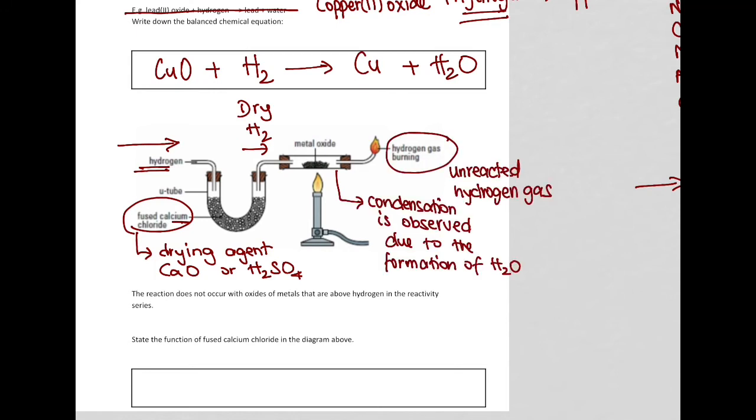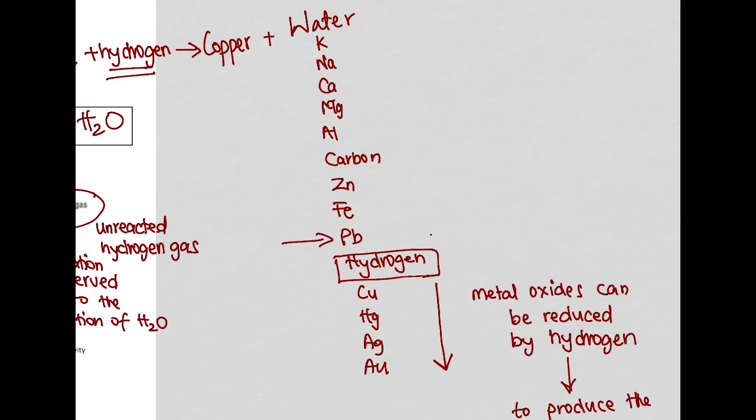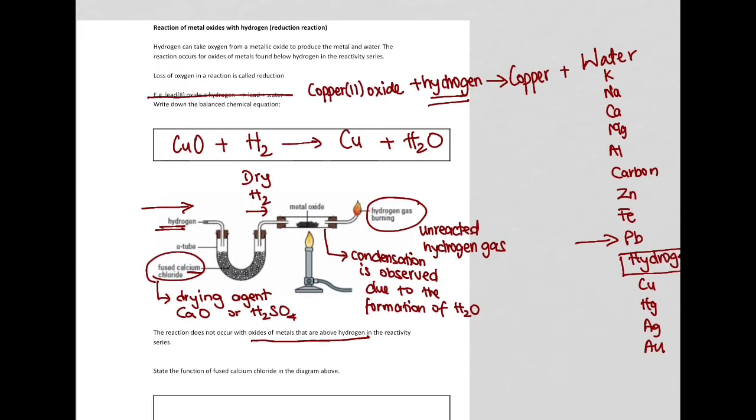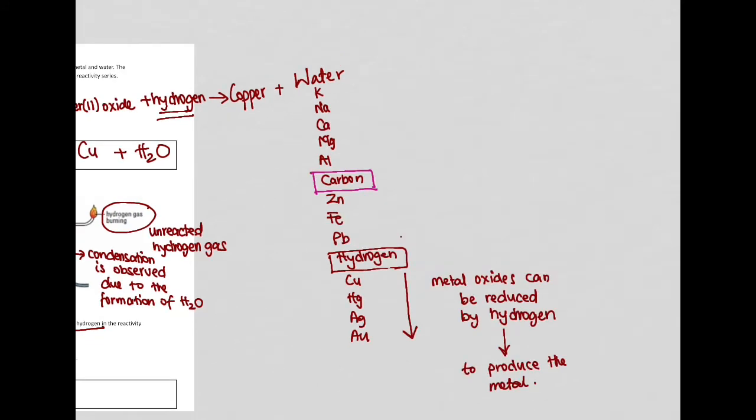Now this reaction is not going to occur with oxides of metal that are above hydrogen in the reactivity series. So these metal oxides will not react with hydrogen. Now we saw the position of carbon as well in the reactivity series. Similarly, carbon is going to be able to reduce metal oxides of metals that are found below carbon in the reactivity series.